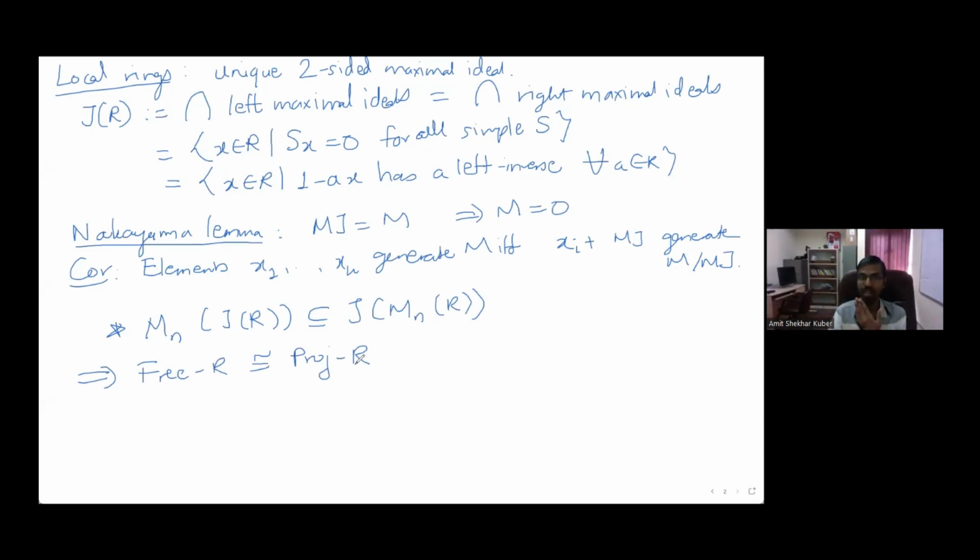In that case, what happens? You take a basis of P, a generating set of P, and you go modulo J. In this case, it's a unique two-sided maximal ideal, so R mod J is a field, a division ring.